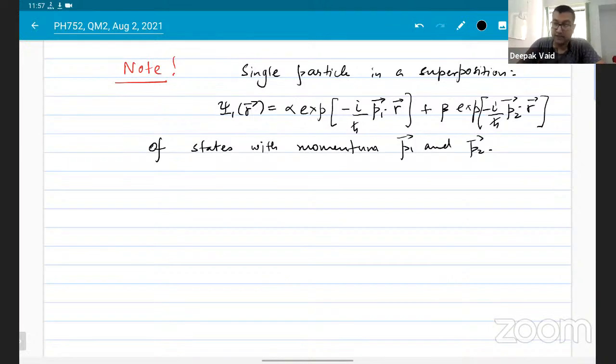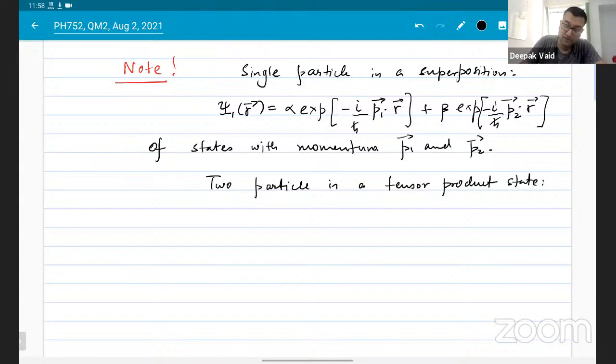On the other hand, if you have two particles in a tensor product space, right? So how do you write down the state of those two particles? You would write down, let's say, psi of R1, R2 as psi 1 of R1 and psi 2 of R2, right?